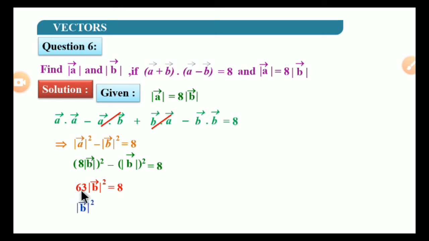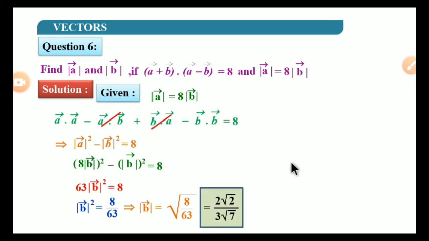Therefore, we transfer this to the denominator side. Magnitude of B square is equal to 8 by 63 and magnitude of B is equal to square root of 8 by 63.